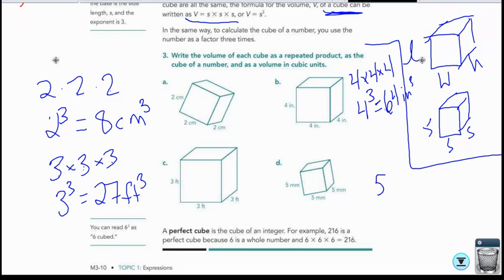B would be 5 times 5 times 5, otherwise known as 5 to the power of 3, or the fancier name 5 cubed. And 5 times 5 is 25. 25 times 5 would be 125 millimeters cubed. Again, we're in 3D.